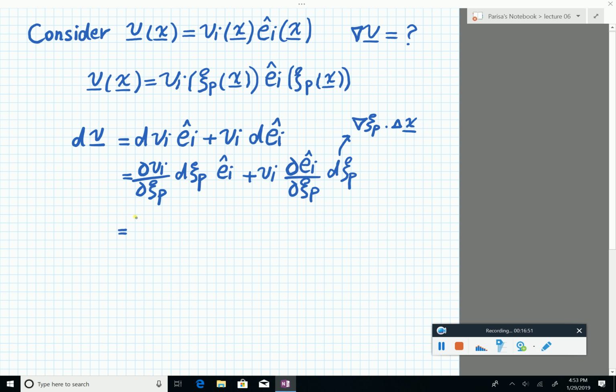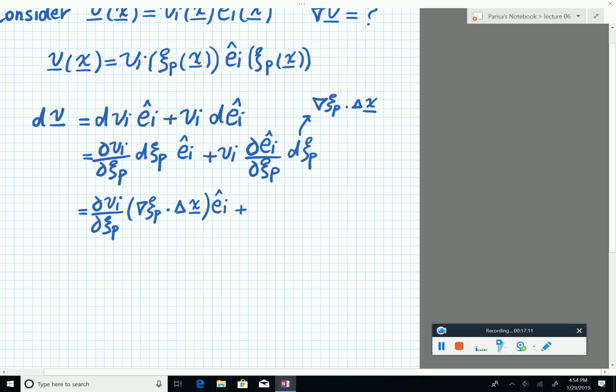So I just substitute. And for the reasons you will see, I kind of move d psi p and the partial derivative around. I'm allowed to do that.